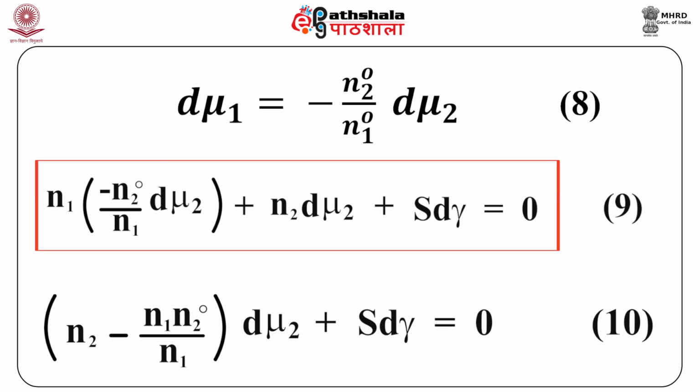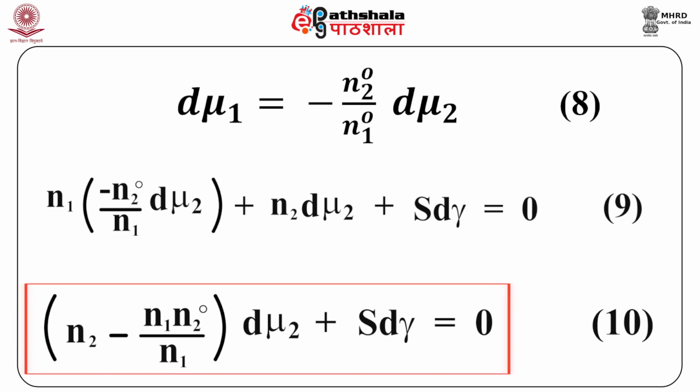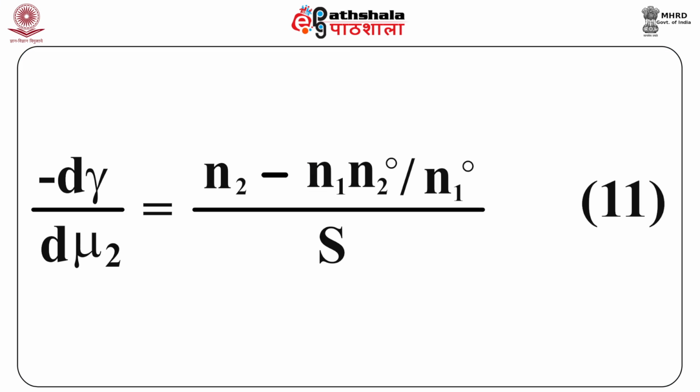Substituting equation 8 in equation 6, we get N1 into minus N2 naught by N1 naught into d mu2 plus N2 d mu2 plus S d gamma equals 0 as our equation 9, or N2 minus N1 N2 naught by N1 naught times d mu2 plus S d gamma equals 0 as our equation 10, or we can write d gamma by d mu2 equals minus N2 minus N1 N2 naught by N1 naught divided by S as our equation 11.